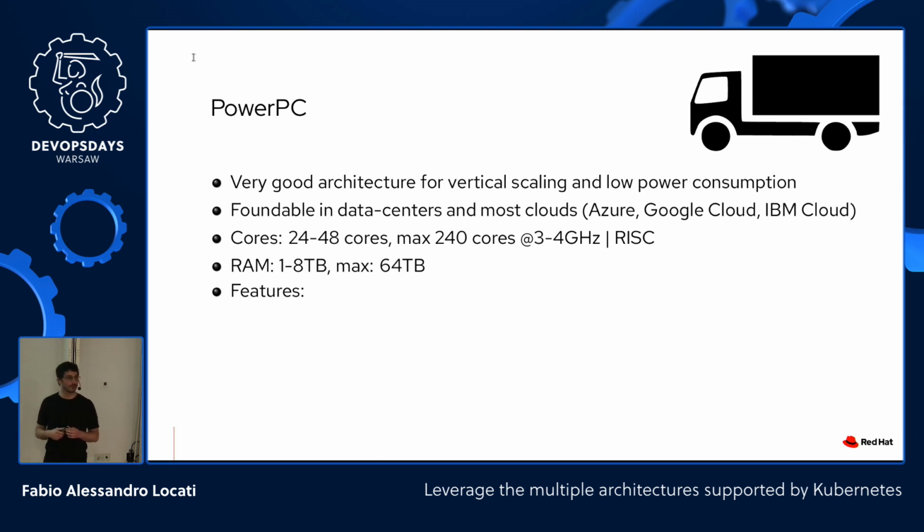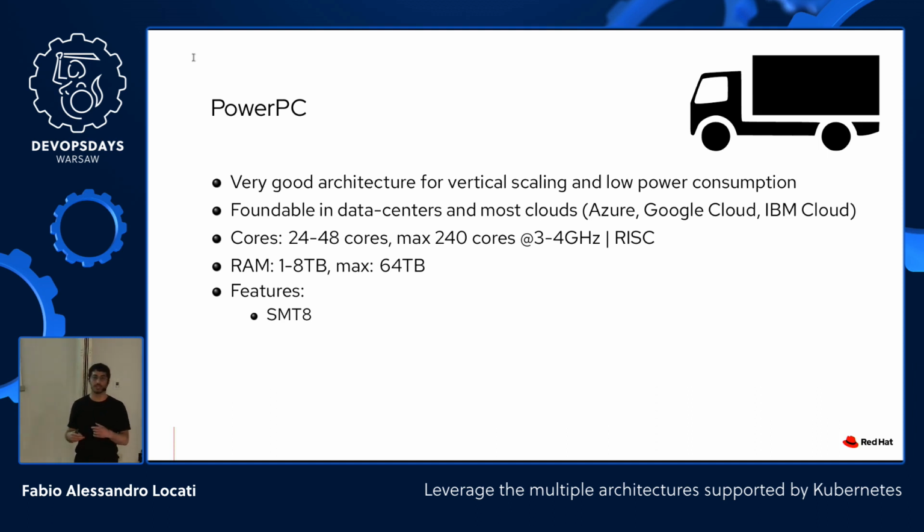I think it's also very interesting to notice the features that those kinds of processors come with. For instance, SMT8. While x86 was able to run 2 different threads on the same physical core, the PowerPC systems are able to run easily 8 concurrent threads on the same core.